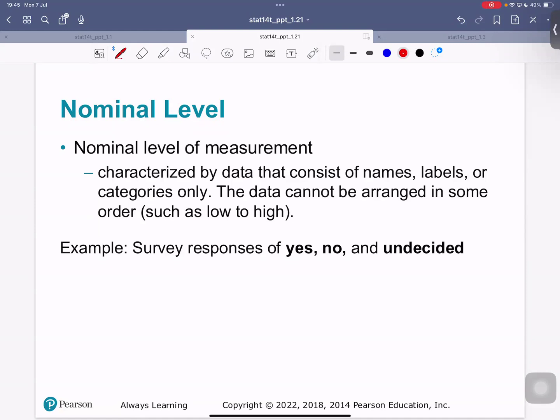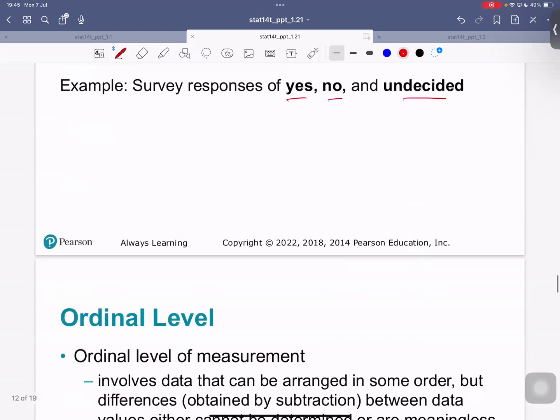In this case, it's the nominal level of measurement, because it belongs to categories only, right? Yes, no, or undecided. Are we good? Yeah, I assume that is good, so that's why no questions.